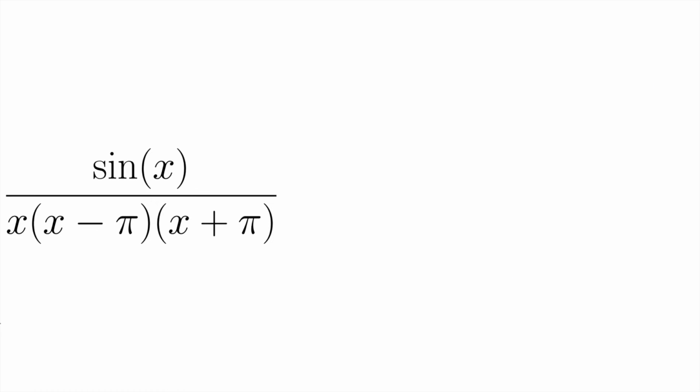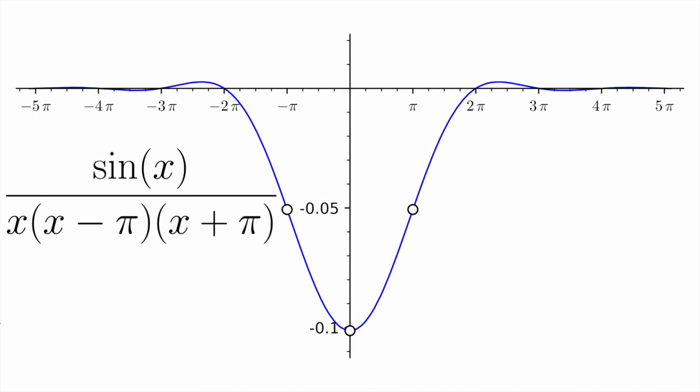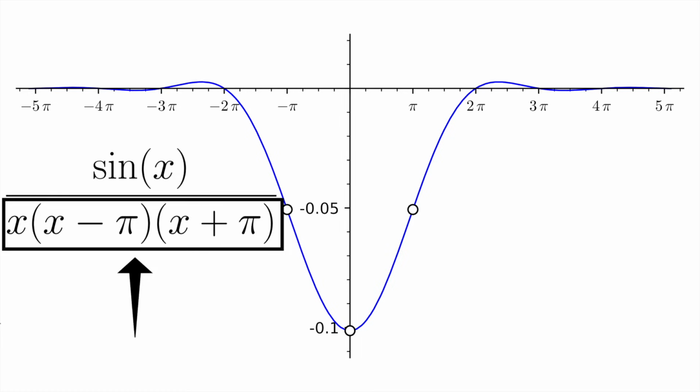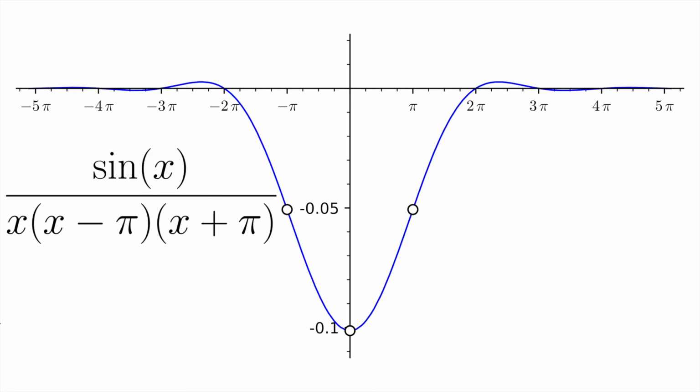Looking closely at this graph on a larger range, we might key into a small problem with our plan to factor out all of the zeros. Namely, this cubic denominator, its value is huge. And what that results in is the fact that the value of this quotient, sine of x over this polynomial, is very, very small for even modest values of x.